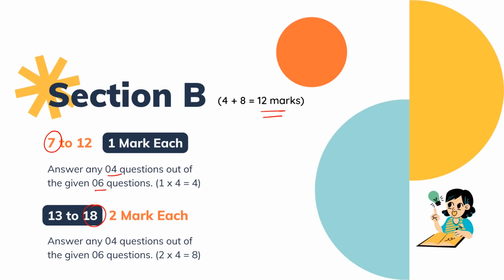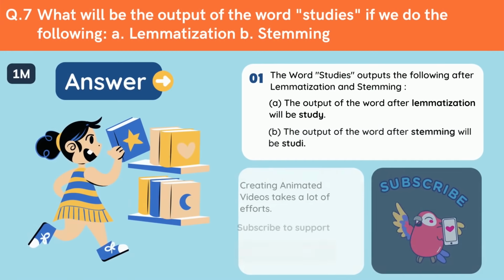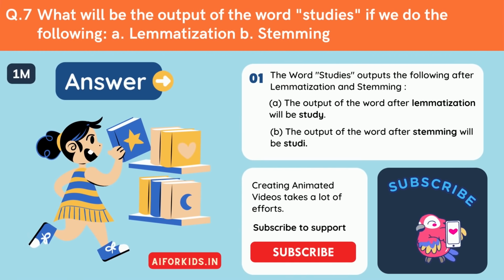And from question number 13 to question number 18, which are of 2 marks each, we need to answer any 4 questions out of the 6 given, hence creating 8 marks here, 4 marks here, and a total of 12 marks. Let's move on to the seventh question and the first question of section B.